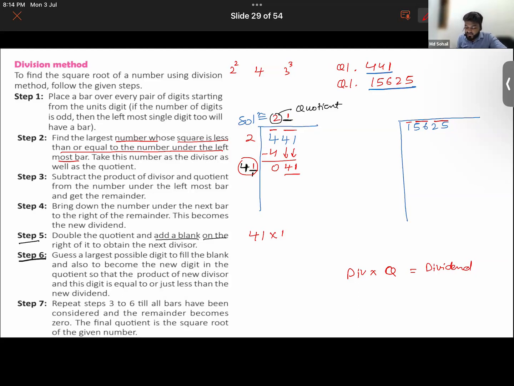So see here, the divisor multiplied by quotient: 41 multiplied by what equals 41. Clearly 41 multiplied by 1 equals 41, right, Ahmed and Arhan? So here the number is going to be 1. So the required answer is root under 441, which is 21. 21 is the square root of 441. Hope you got this one.